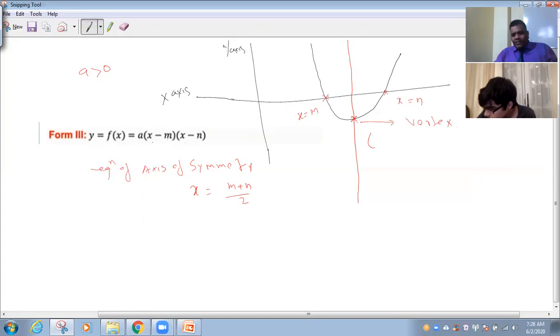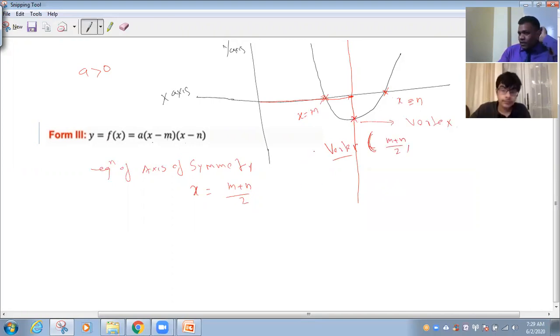Like in the previous case I said, just add these two x coordinates and divide by 2, that is the axis of symmetry. It tells you the distance from here to here, right? So it means the same will be the coordinate here. So the x coordinate of the vertex, this is the vertex, right? So the x coordinate of the vertex is going to be m plus n over 2.